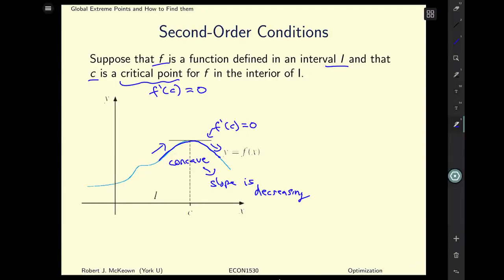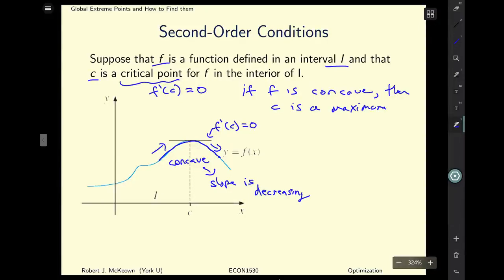If c is a critical point for f in the interior of I, then if f is concave, then c is a maximum point for f in the interval I.